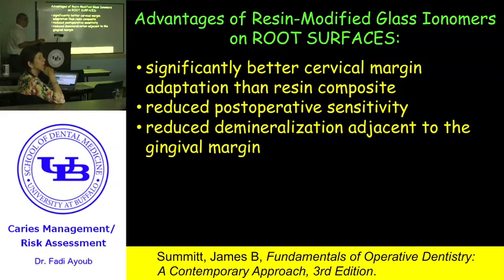I don't have that problem with the Fuji 9, for whatever reason. The consistency stays pretty much the same from the time you inject it to the time it gets hardened. But it's not an LC. No, I know it's not, but on a posterior tooth, I guess I may just be inept.